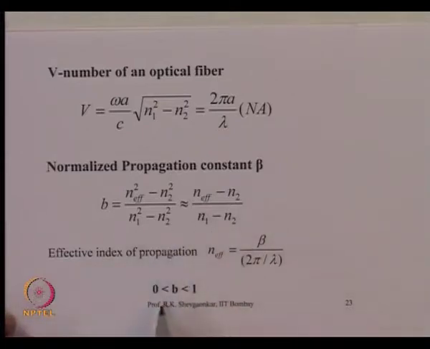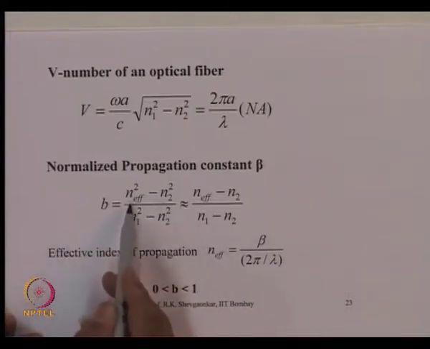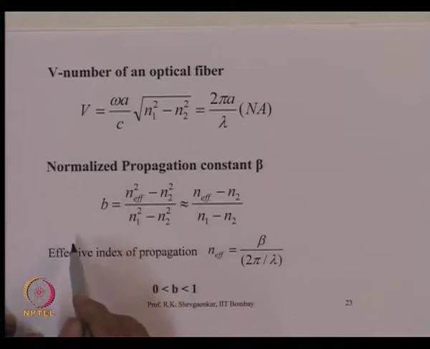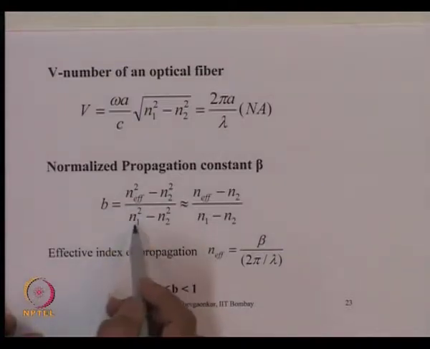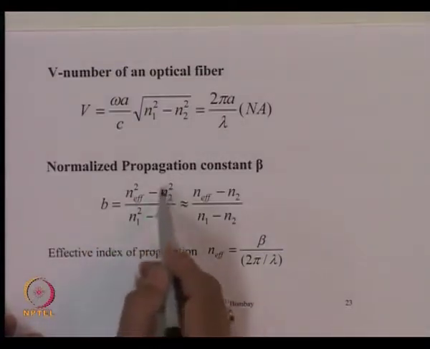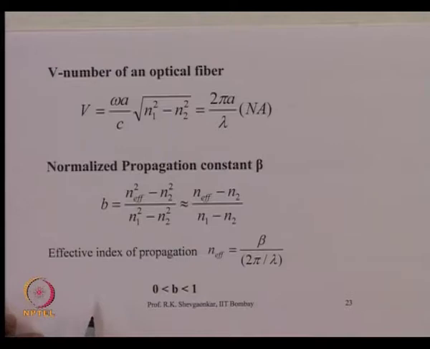And this will always lie between 0 and 1, because at cutoff N effective will tend to N2, so this quantity will go to 0. When we go very far from cutoff, N effective will tend to N1, and at that time this quantity will become equal to 1. That is the reason we call this quantity the normalized propagation constant.